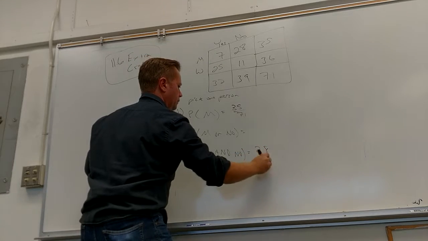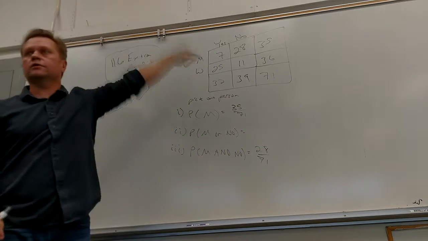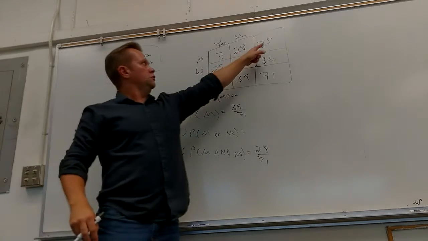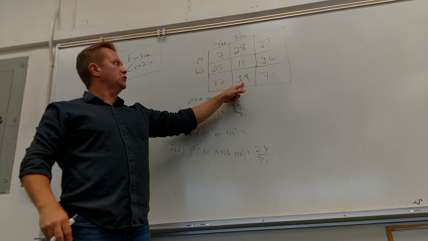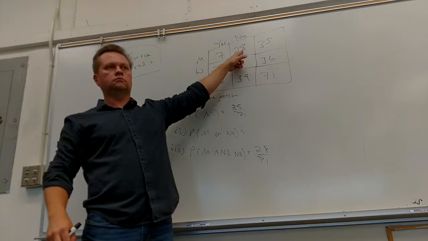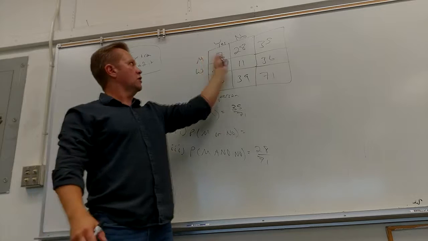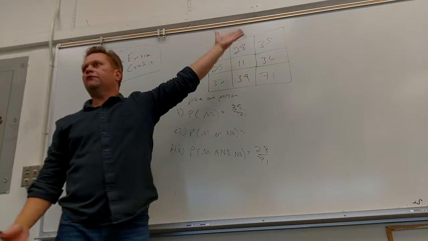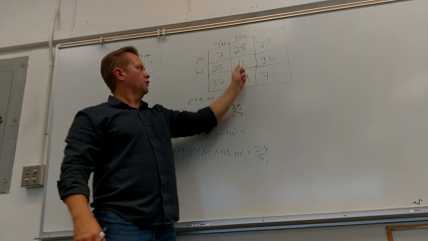What would the or be? You could be a man or somebody who said no. If you do 74, how many did you add twice? Those 28. But you could be smart about it. You take all the men, and how many no's did you leave out? 11. So then you get 46 out of 71.